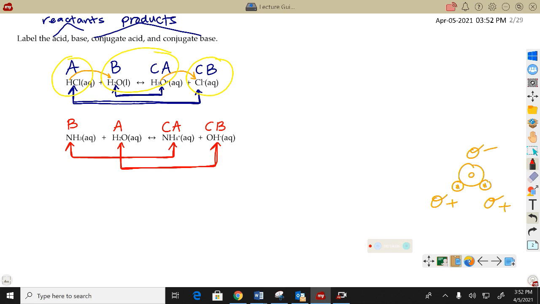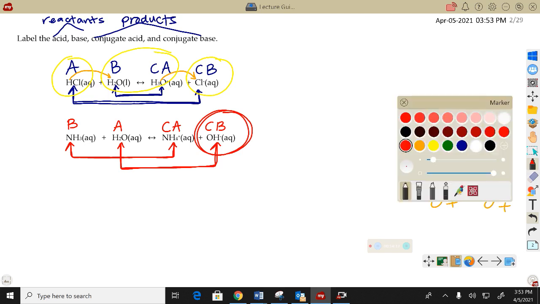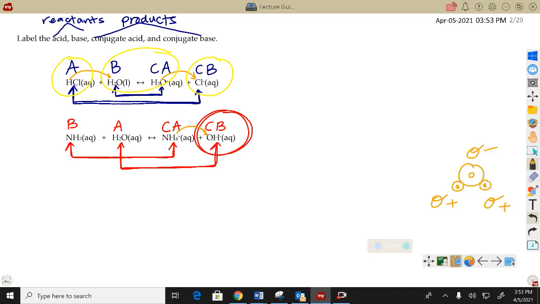But you'll notice that this OH, which is a typical sign of a base, we did list it as being a base because OH can remove hydrogen from the solution. He would have to get it from this guy. The NH4 would have to give his hydrogen back.